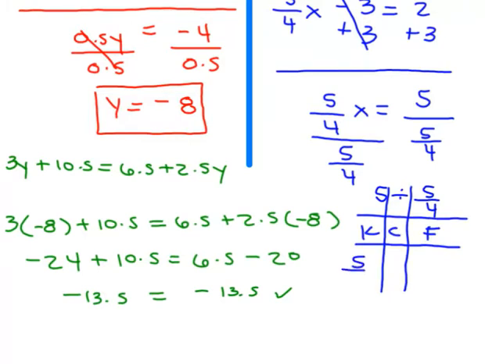So 5/1 times 4/5. Those 5s will cancel, and you're left with an answer of 4. So x equals 4.